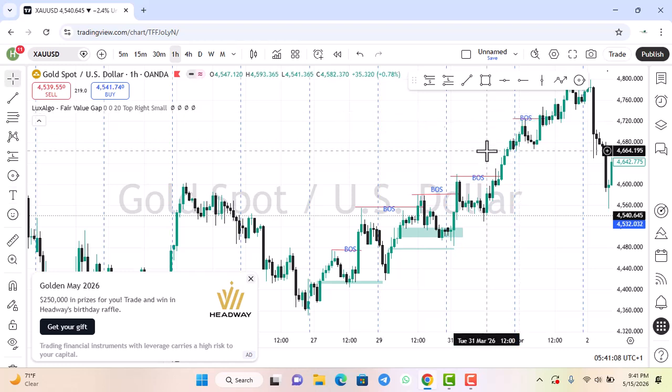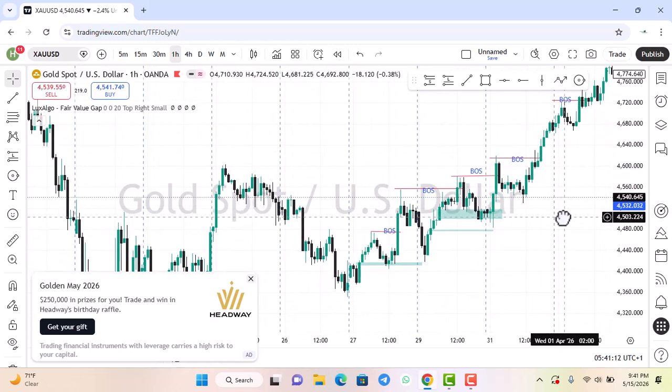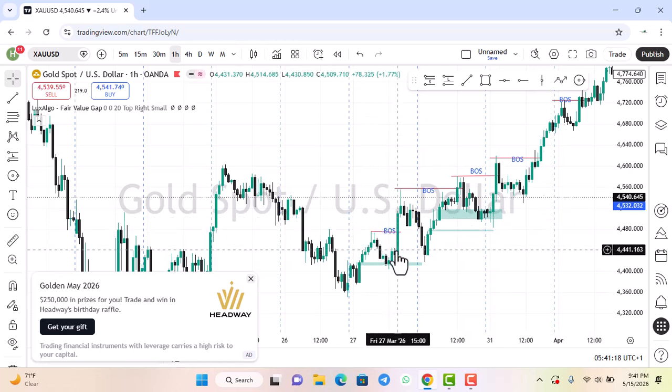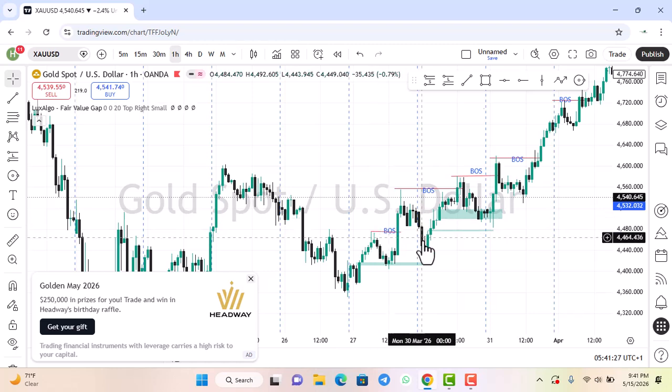Okay, now can you see how clean this structure is? Why is this a valid break of structure? Because a body of a candle closed above the recent higher high. The same thing here.